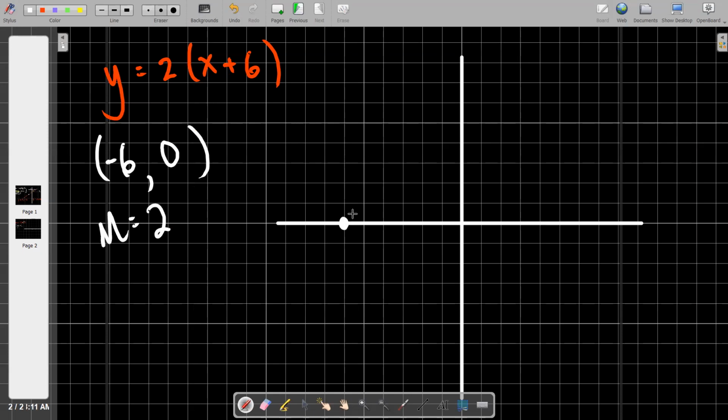That's my starter point. And what does the slope of 2 mean to us? Up 2, right 1. So I'm going to go up 2, right 1, up 2, right 1, up 2, right 1. Or like Landon reminded us, we can go back. Let's make the most of our real estate. Back it up, go down and left because you get that same uphill tilt too.